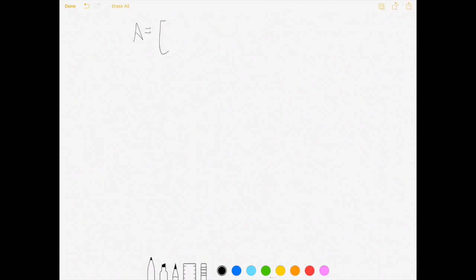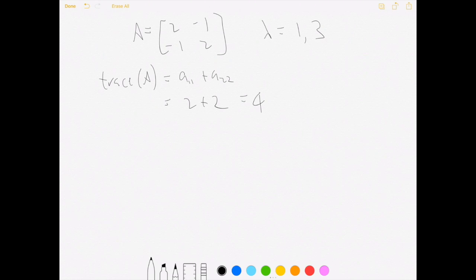So A was [2, -1; -1, 2]. Our eigenvalues were lambda equals 1 and 3. So we expect the trace of A, which is A11 plus A22 in this case, which is just 2 plus 2, which equals 4. Note that that's the same as the sum of the eigenvalues.